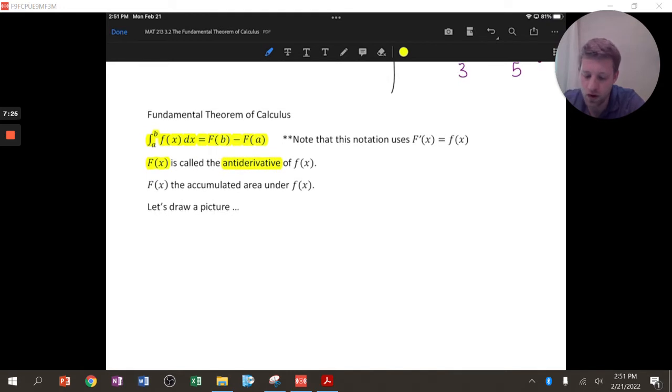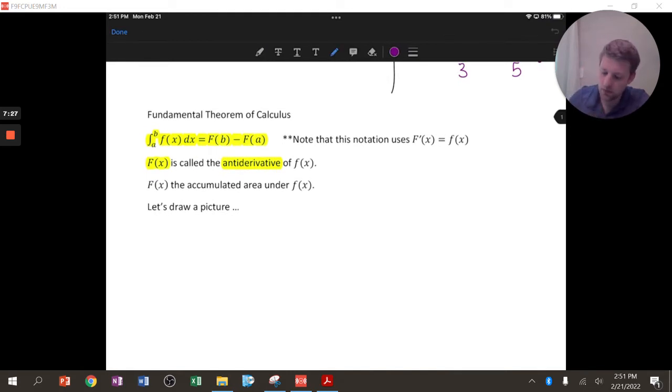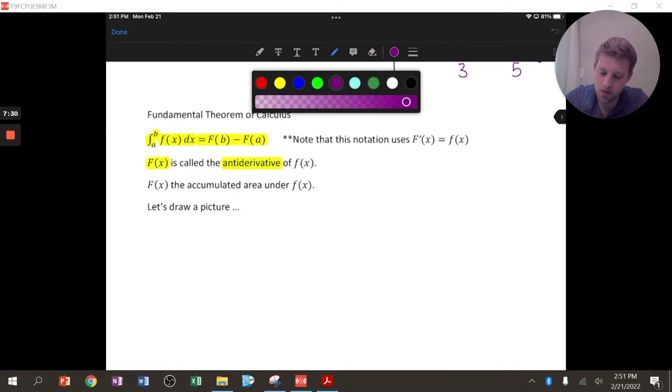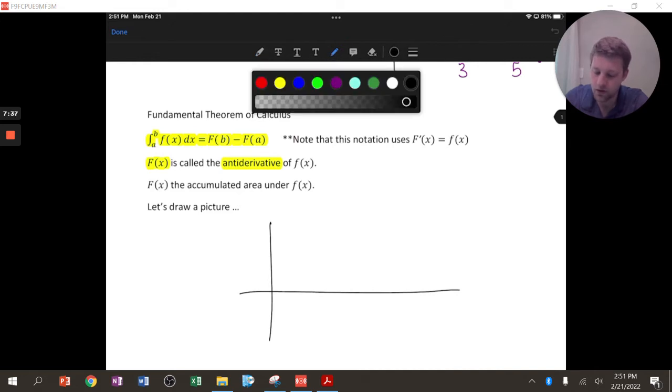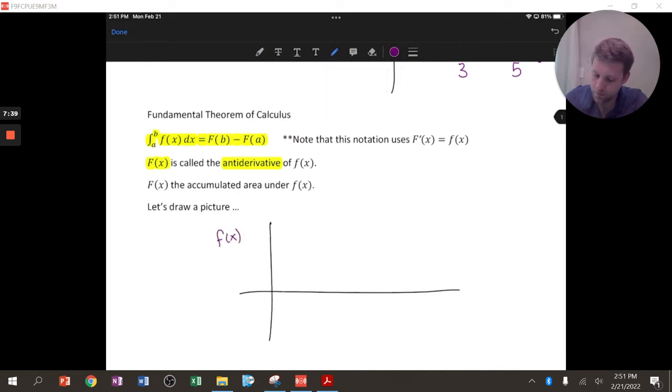So if we were to draw a picture here to consider this fundamental theorem again, if we started with some f of x function, and consider the area underneath this f function from a to b, we would be considering, again, the area that is accumulated underneath this curve.